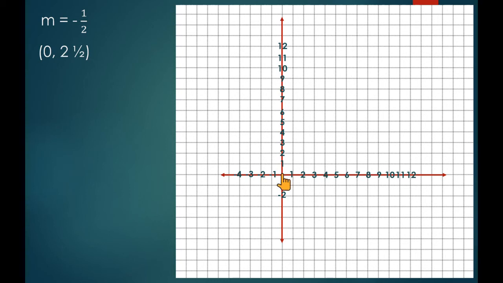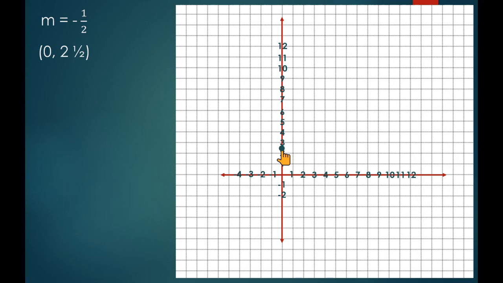And wala tayong movement from left to right dahil 0 yung x. So, pababa or paakyat na tayo. Since positive yan, we will go upward. So, 2.5. Doon natin nilagay sa pagitan ng 2 and 3, since meron tayong and a half na sinasabi. Yan na ang una nating point.